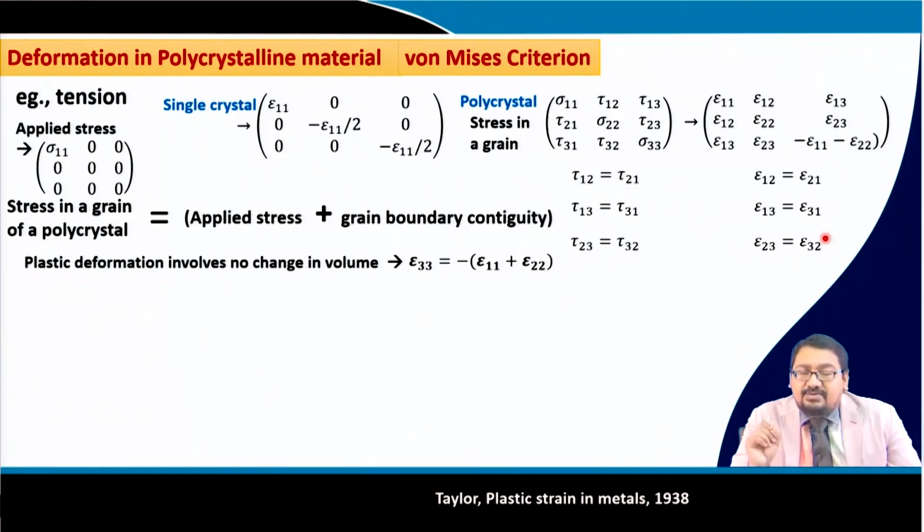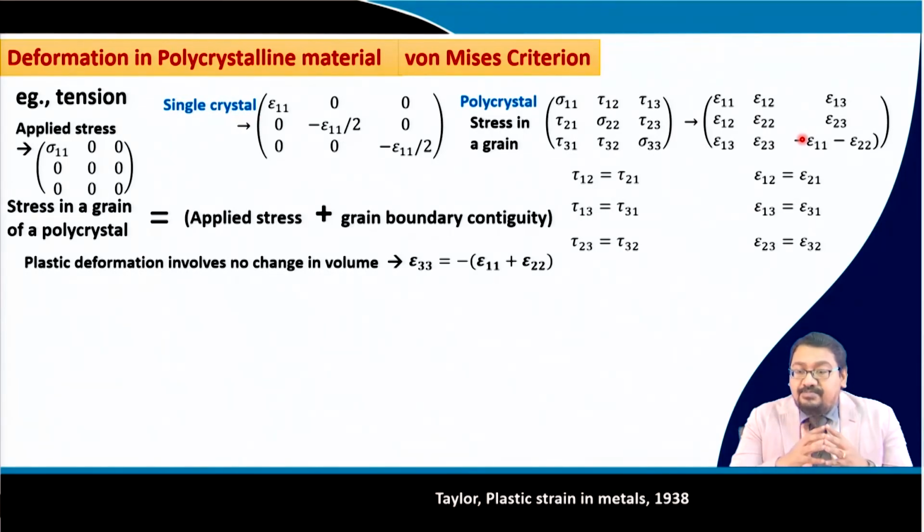So, we can calculate that epsilon 33 is equal to minus epsilon 11 minus epsilon 22. Now, this shows that instead of 3 normal strains, there are only 2 independent normal strains here.